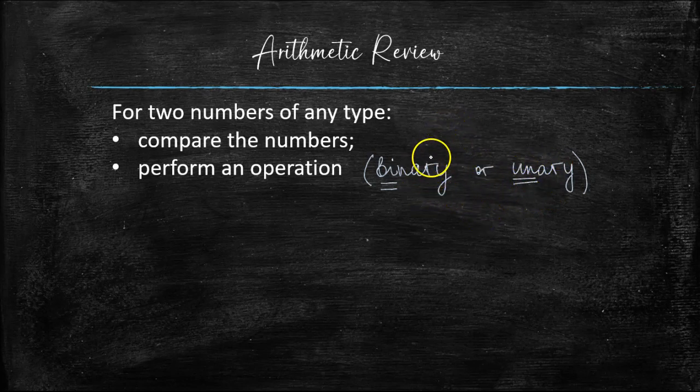Examples of binary operations will be pretty much any operation that you can think of, such as addition, subtraction, and I'm listing operations in the order they are introduced to us historically.